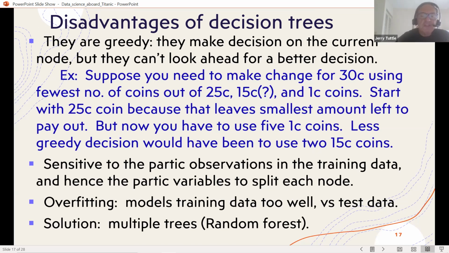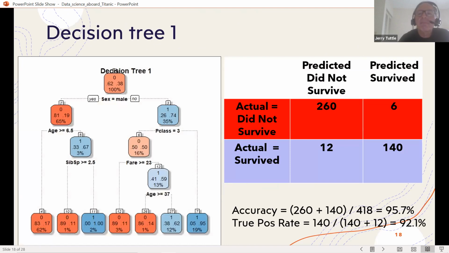Nowadays, that's an easy thing to do with all the RAM and CPU you have. So you run thousands of trees with different choices of which observations and which variables get used each time. We're not going to do that, but that's an interesting concept.